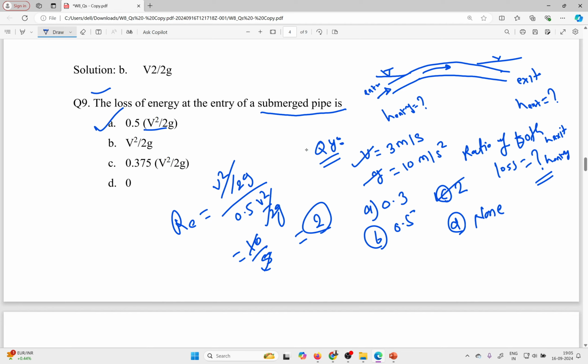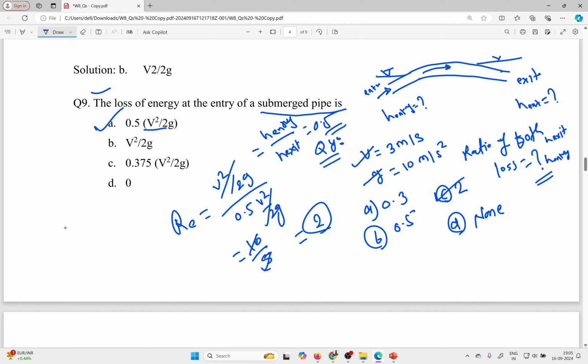If I was asking H entry by H exit, then 0.5 would be correct. But I was asking H exit by H entry. So here you can think about it.